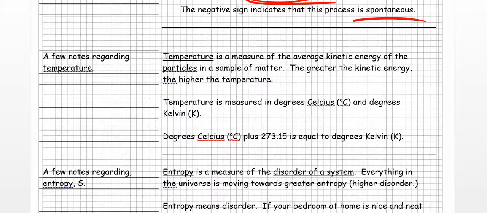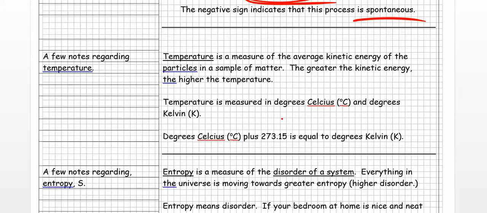All right, just a couple of ending notes. The first is temperature. Remember that temperature is a measure of the average kinetic energy of the particles, right? So the greater the kinetic energy, the higher the temperature. And the temperature is measured in degrees Celsius or degrees Kelvin. How do you convert?